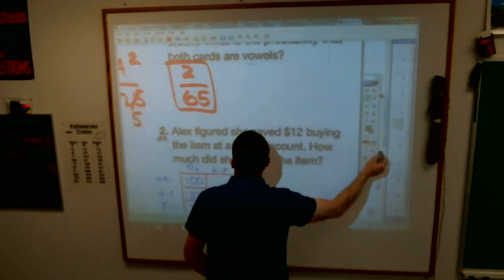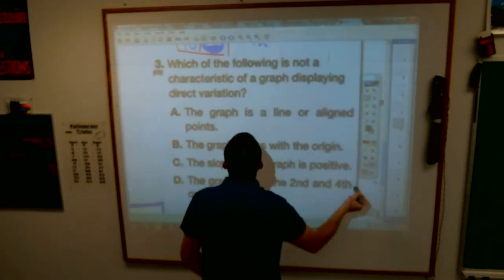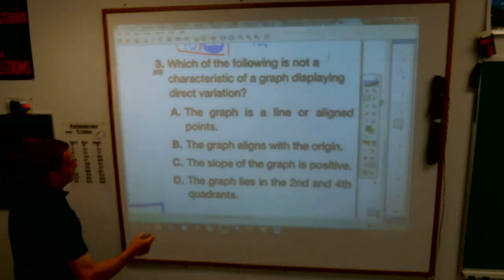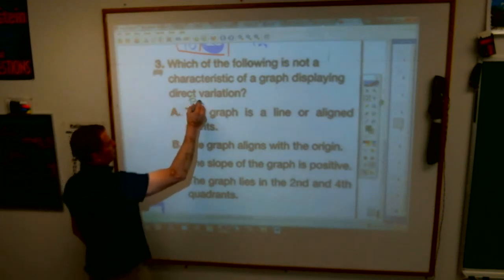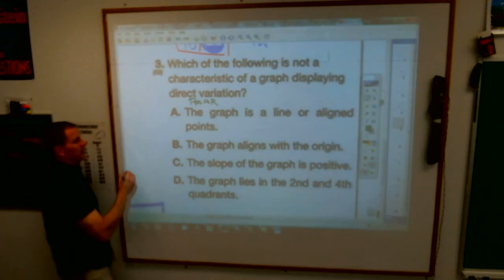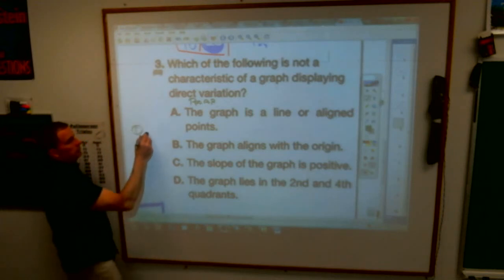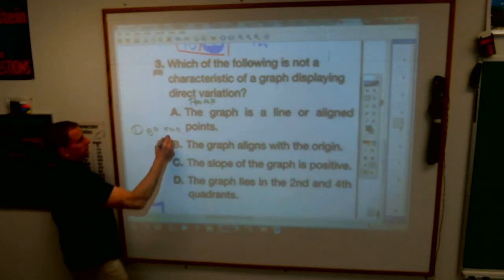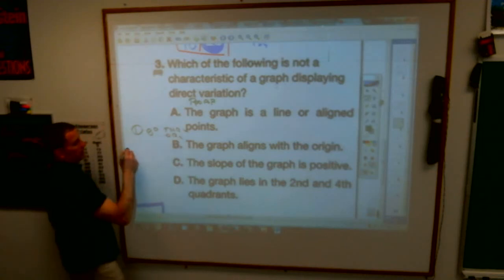Which of the following is not a characteristic of a graph displaying direct variation? Direct variation and being proportional are the same. Proportional. What do they have to be? They have to go through the origin, and they have to be straight lines.